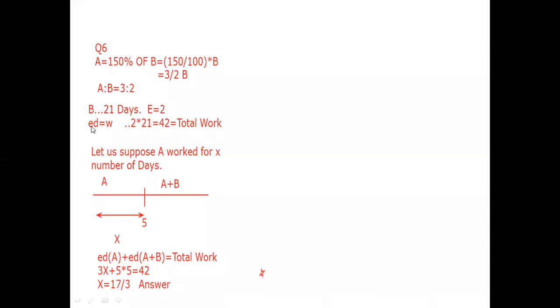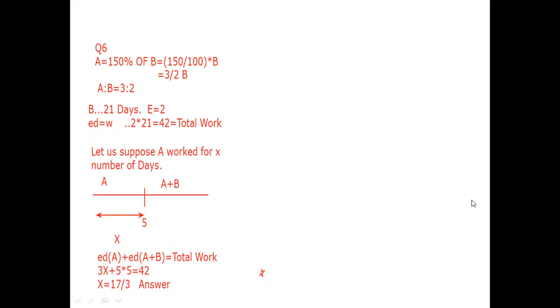Efficiency I know. What is the efficiency of B here? Anybody? Yes, 2. So using this formula, 2 multiply 21 days, you're getting 42. So this is the total work.